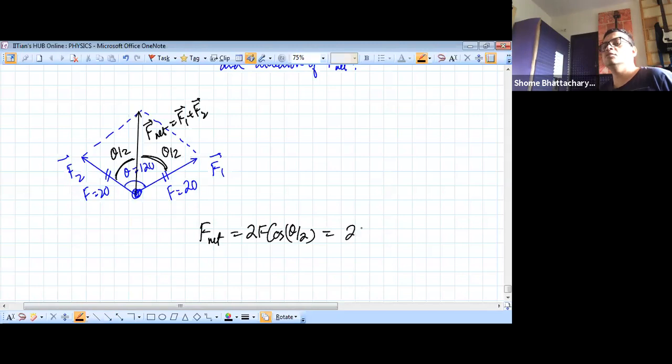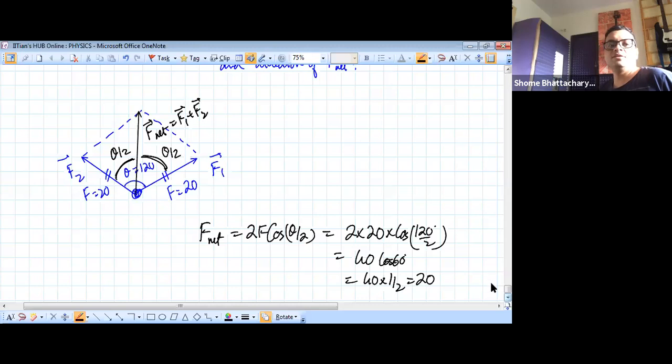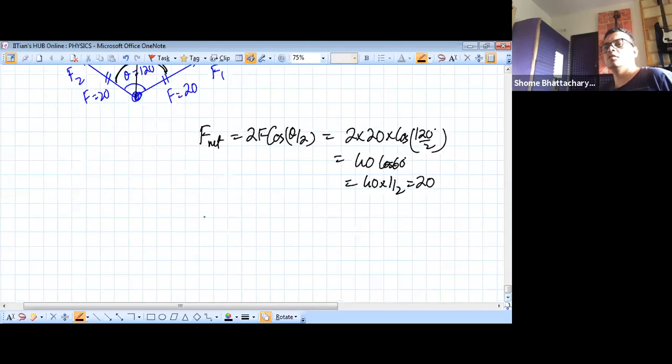So in this case it is 2 into 20 into cos 120 by 2. That's cos 60, so that will become 20. So the magnitude of the net force in this case will be 20 newtons.